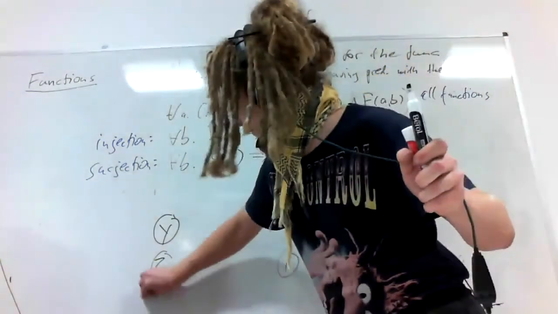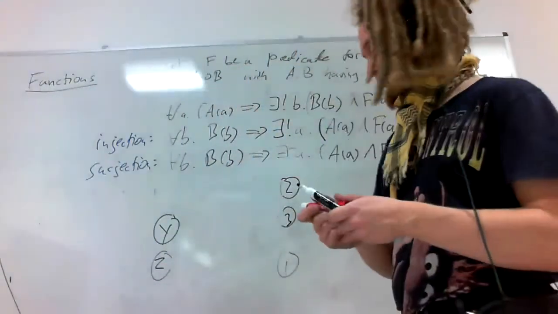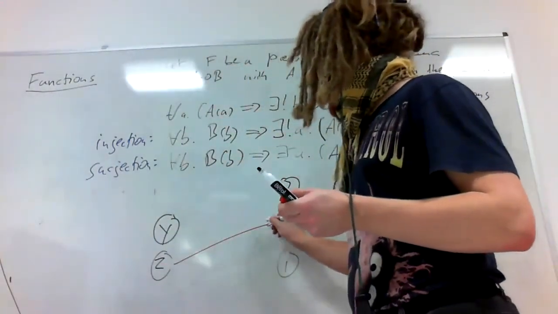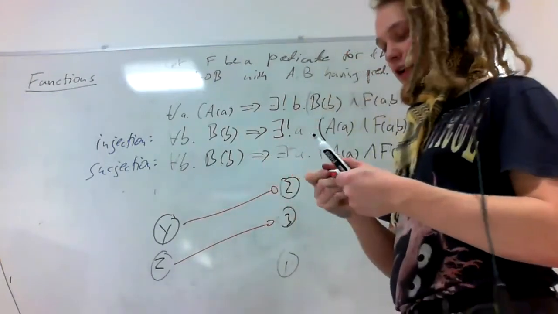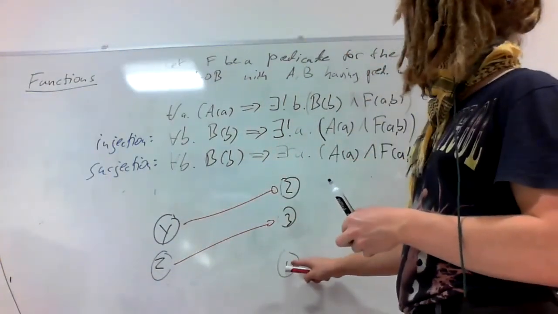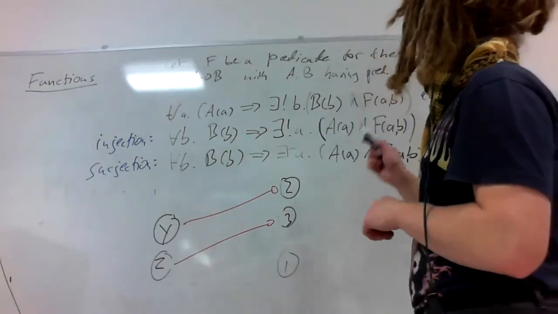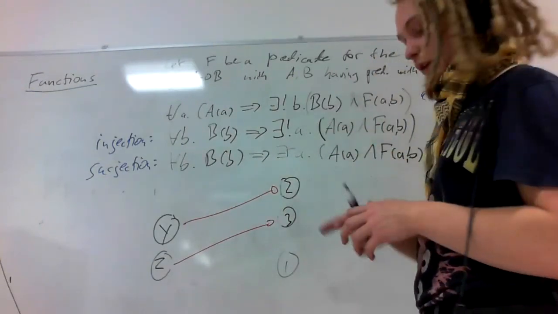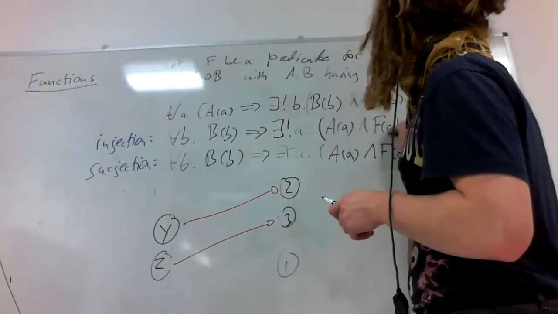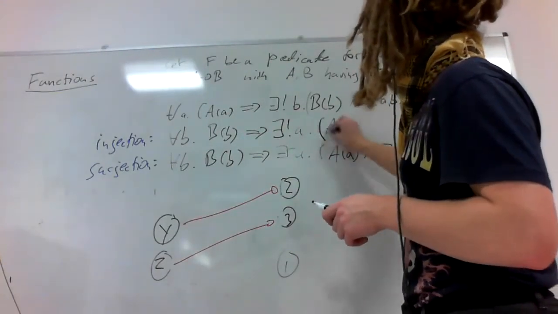So if we have something like this, this is perfectly fine injective, but this output value doesn't have anything that is being mapped to.